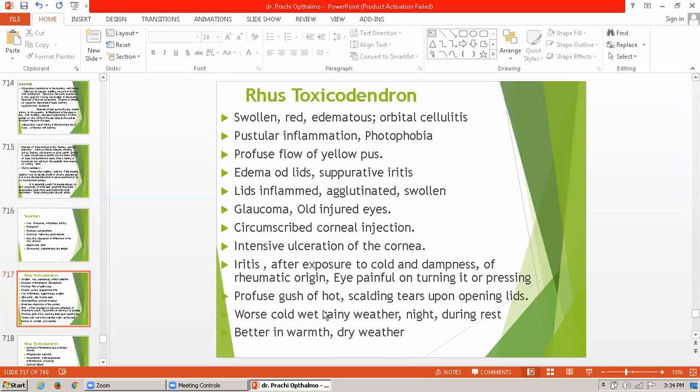Then the next remedy is Rhus tox, that is Rhus toxicodendron.